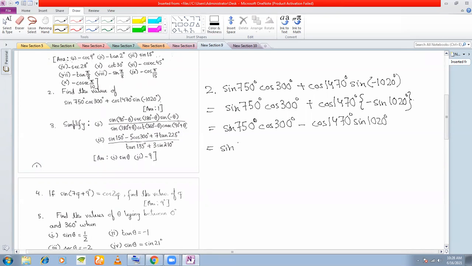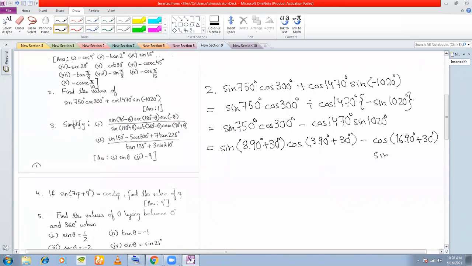So if you divide, 8 into 90 plus 30. 8 into 90 degree plus 30 degree. Cos will be how much? 3 into 90? 4 into 90. Yes. 3 into 90 plus 30 degree. Or you can write 4 into 90 minus 60 also, no problem. Minus, next cos 1470. This is 16 into 90 plus 30 degree.